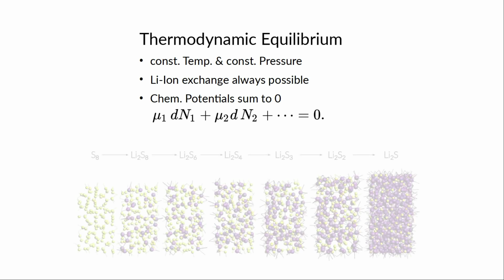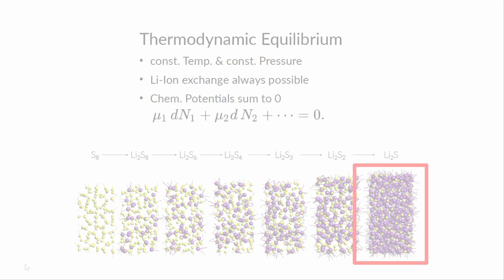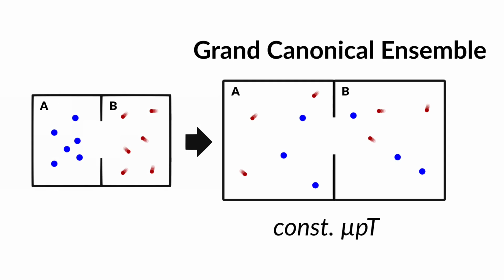That requires that they are both in thermal and chemical equilibrium. In the language of statistical mechanics, the possible states that represent this thermodynamic equilibrium are called the Grand-Canonical ensemble. To generate this ensemble, a Grand-Canonical Monte Carlo procedure is used.